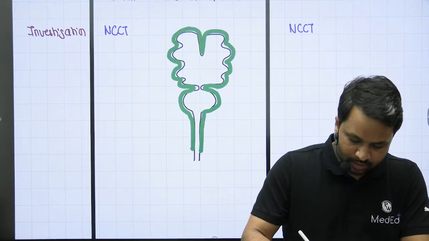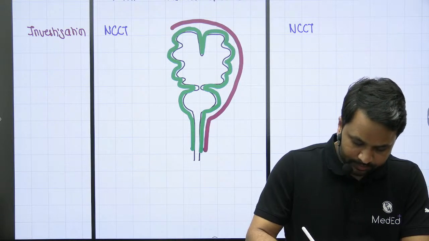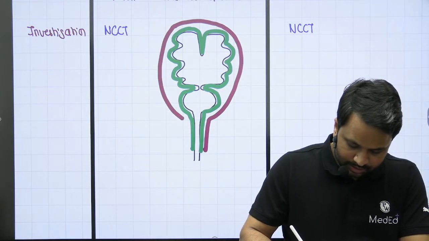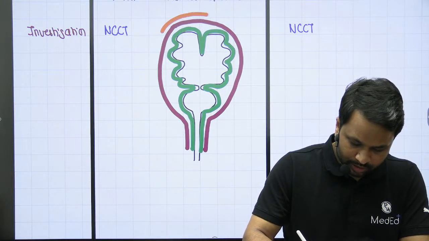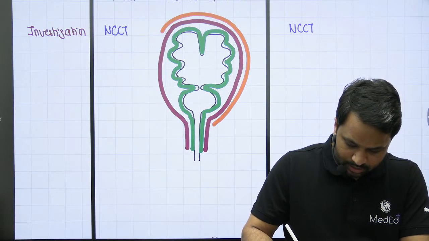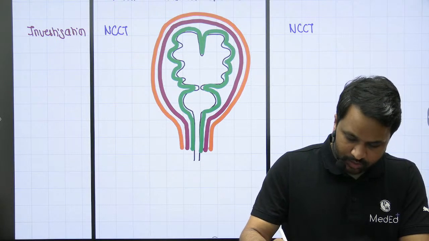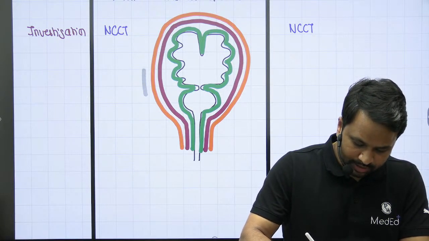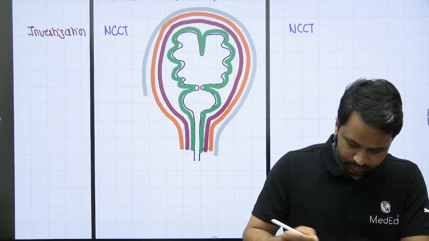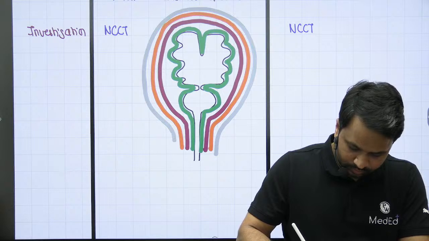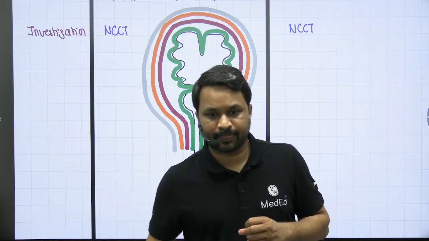Surrounding pia mater you have the arachnoid membrane. तो ये आपका arachnoid membrane है. So it is consistent like this. Surrounding the arachnoid membrane you have the dura, and this is the dura that we have. Surrounding the dura you have the skull bone. तो ये आपका skull bone हो गया. This is the skull bone that is present here, right?